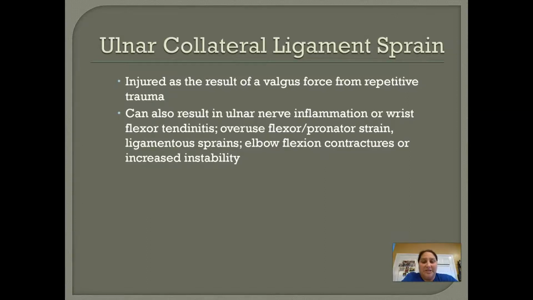Ulnar collateral ligament sprain. So this injury is a result of a valgus force from repetitive trauma. So a lot of times our pitchers are having a lot of that valgus force that's stretching that UCL. Some will have Tommy John surgery, or they'll have the nerve transection to help minimize any type of tendinitis that happens in the elbow.